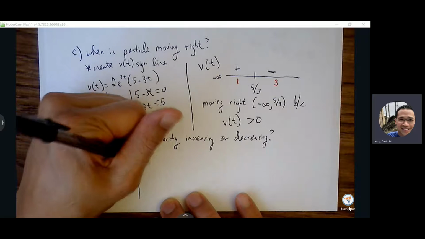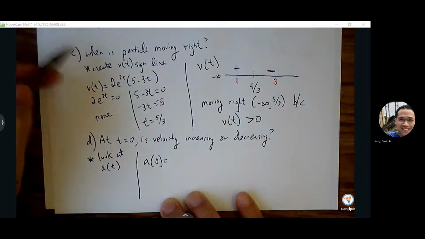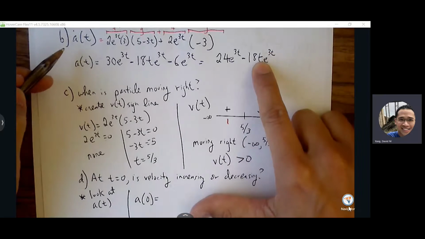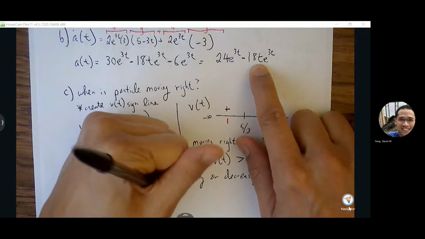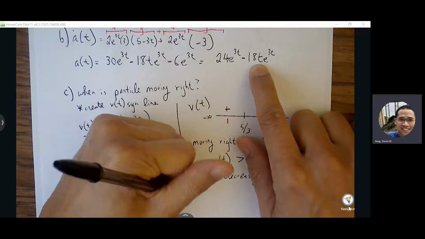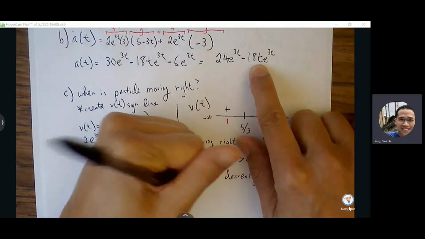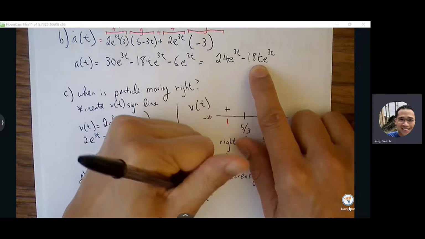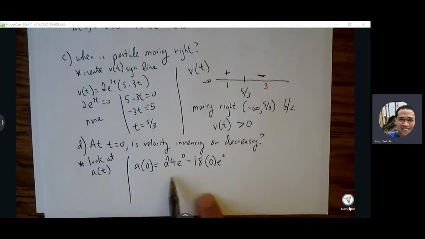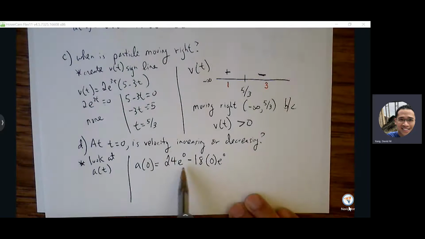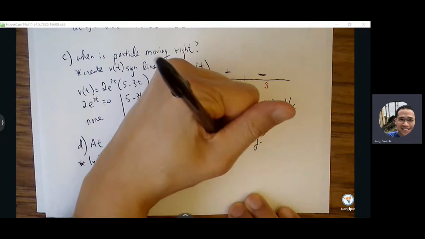Okay, so we're going to find a of 0. Okay, plug 0 into t. We don't really care about the value. We just want to know whether it's positive or negative. Okay, 24 e to the 0. That's 24 minus 0. That's going to be positive.